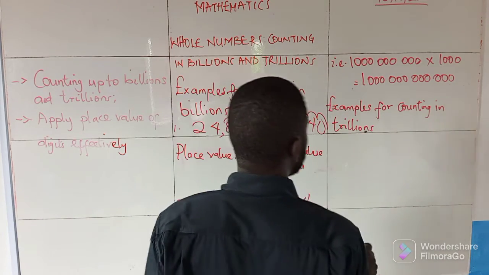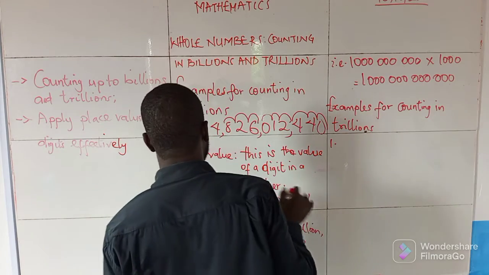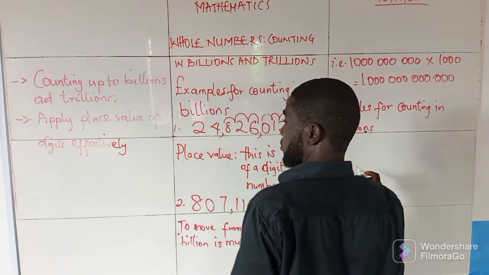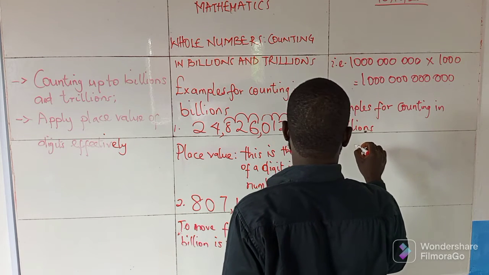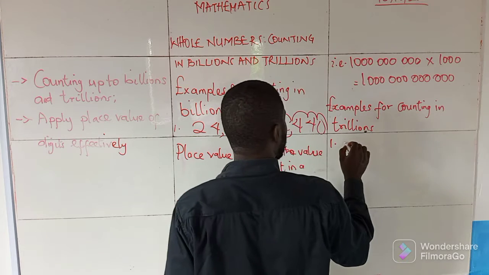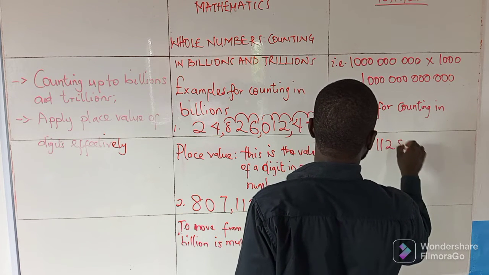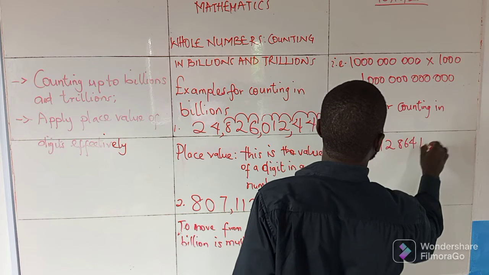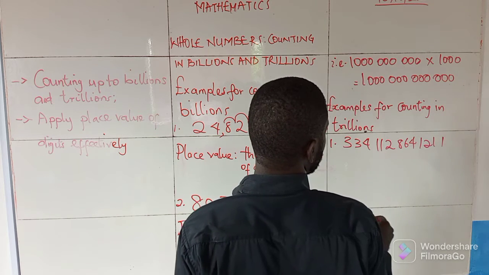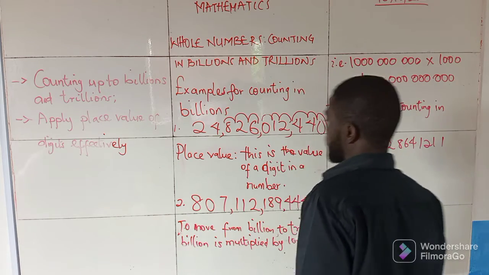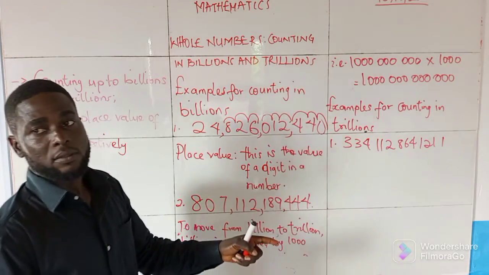Examples for counting in trillions. The first example, let's just pick any random large number. 3, 3, 4, 1, 1, 2, 6, 4, 1, 2, 1, 1. Good.